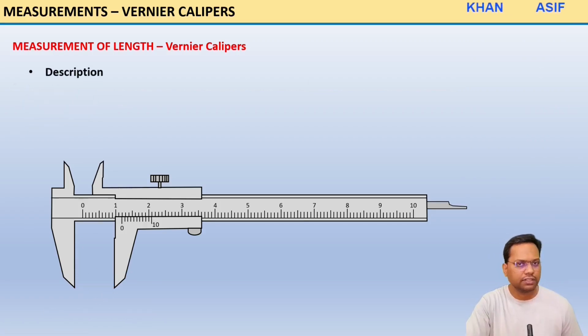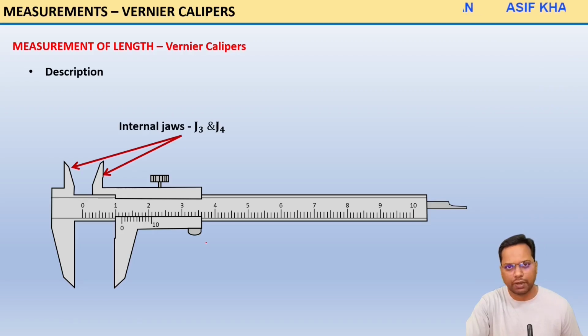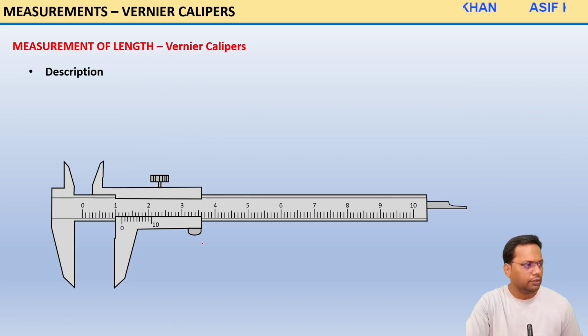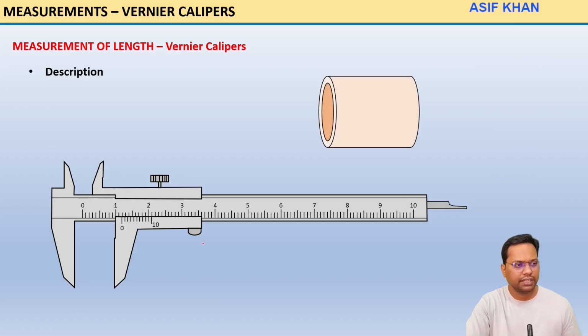Now we go to the internal jaws, the fourth part, denoted by J3 and J4. These internal jaws are used for measuring internal dimensions, which is why they are named internal jaws. To understand how these jaws are used, take a cylindrical object which has some thickness.